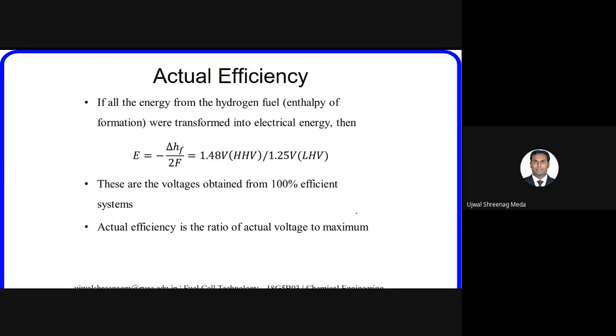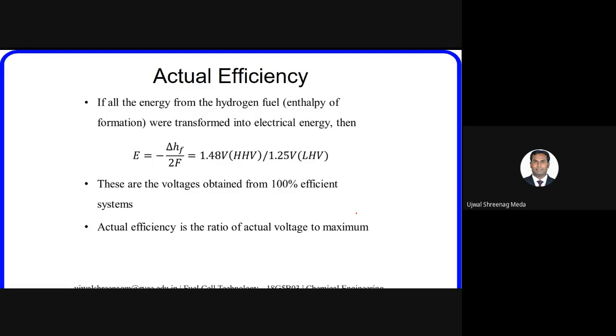Okay, and now whatever we discussed was theoretical efficiencies, but when it comes to the actual efficiency or the efficiency when the fuel cell is under operation, we always compare the working efficiency with the theoretical maximum efficiency.